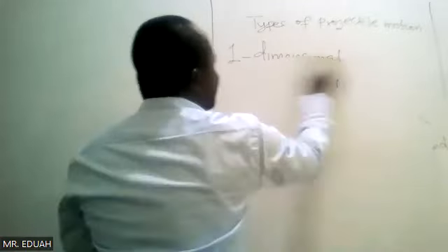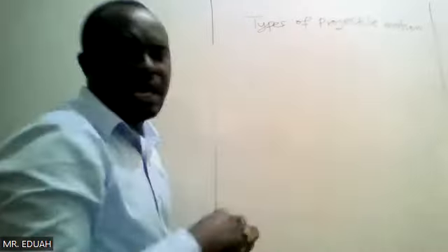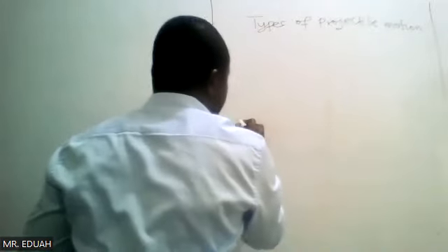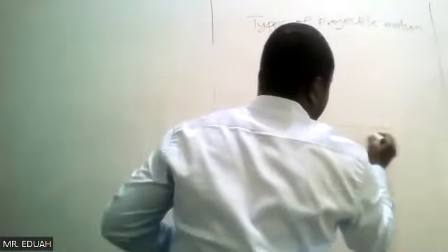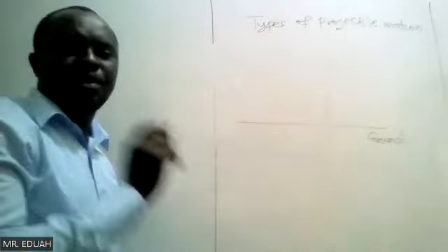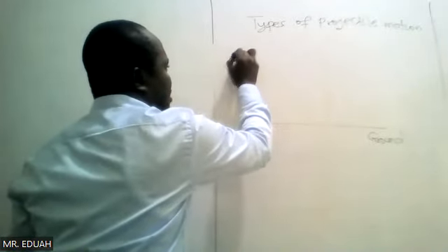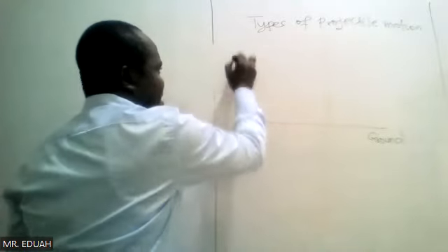So let me give you a diagram of what I'm saying. So in one-dimensional projectile motion, there is the ground. The ground is the reference point. The object is held a distance above the ground. So the object is here.